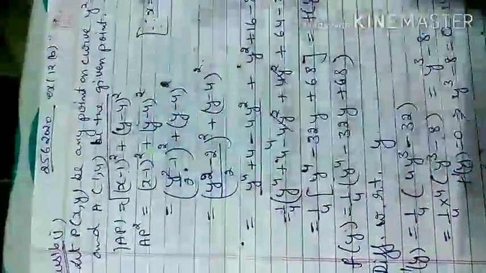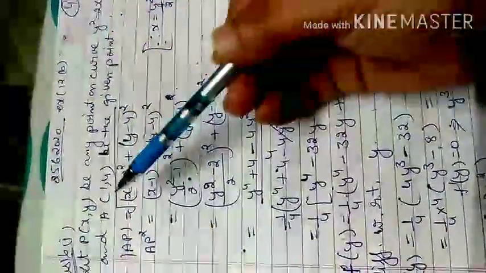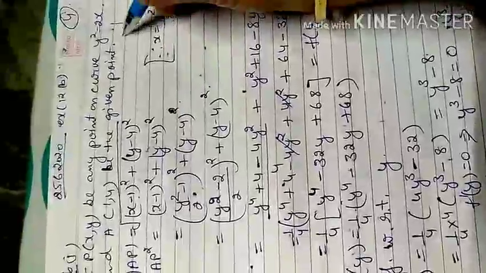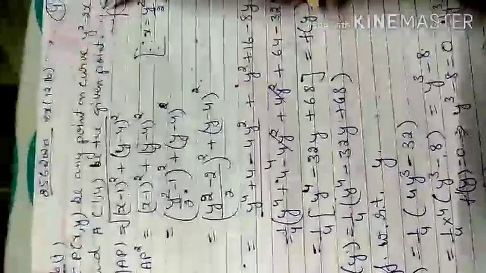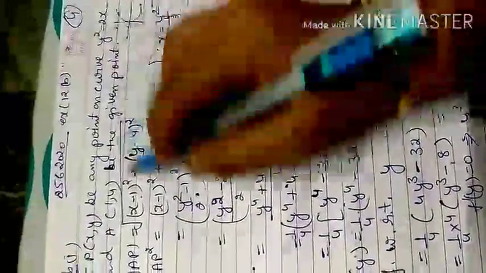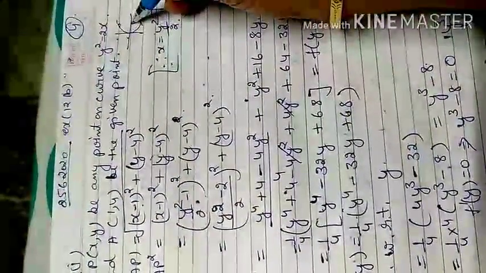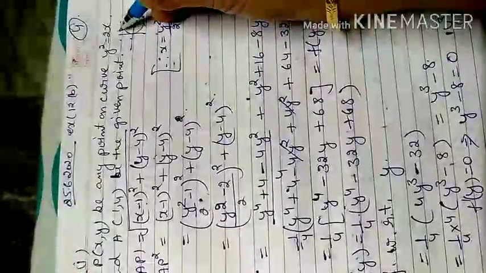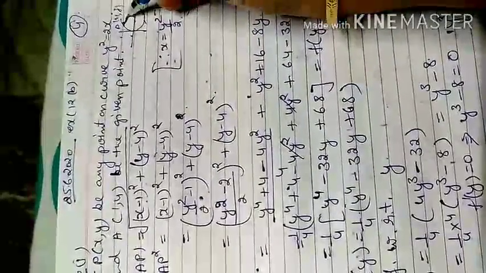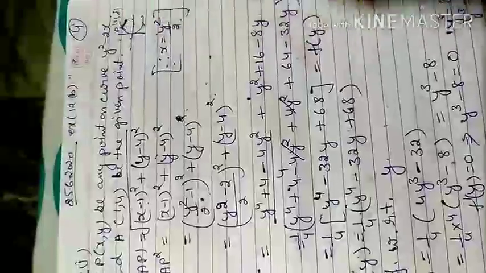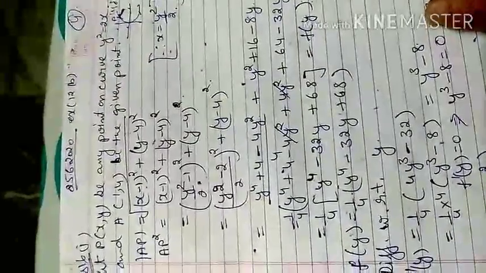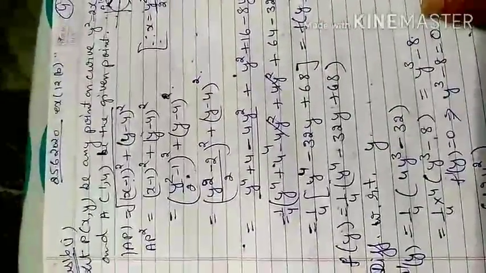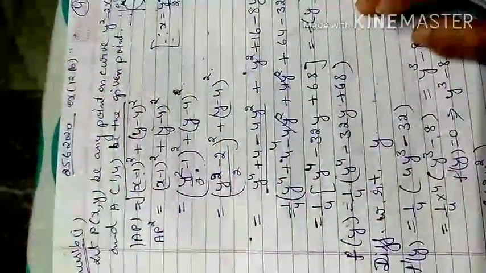So you have one curve given like this. If y square is equal to 2x, maybe your curve is like that. Any point lies on this curve, and the point (1, 4) is here. Any point P(x, y) lies here, and you have to identify that point on the curve which gives the shortest distance from the point A(1, 4). (1, 4) does not lie on the curve.